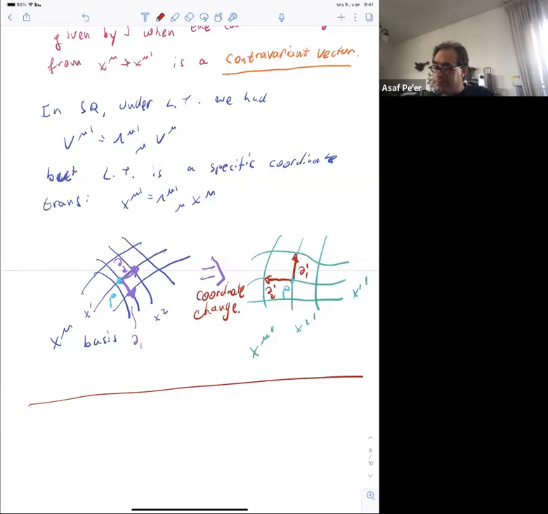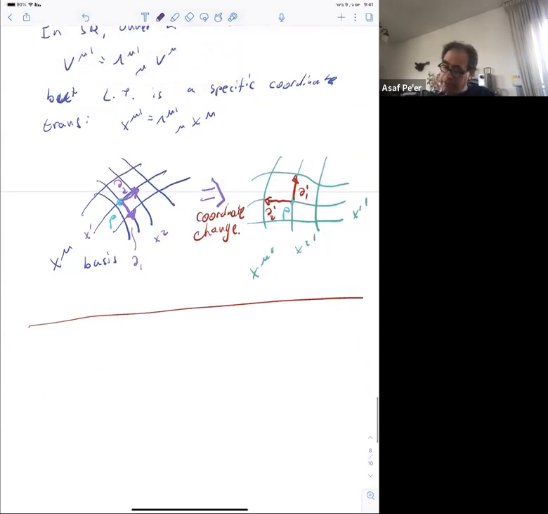Covariant vectors. We talked about contravariant vectors; what about covariant vectors? So we got a general definition of a contravariant vector, and we continue along the same steps that we did in special relativity.